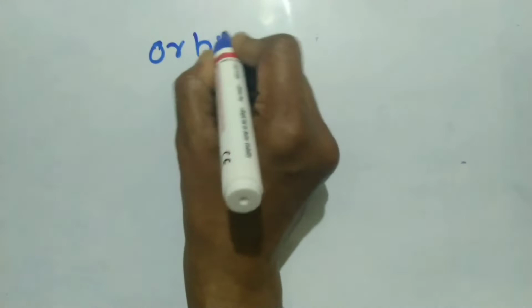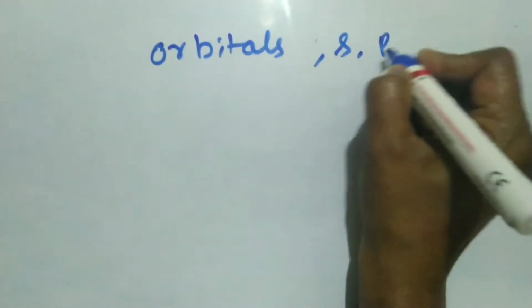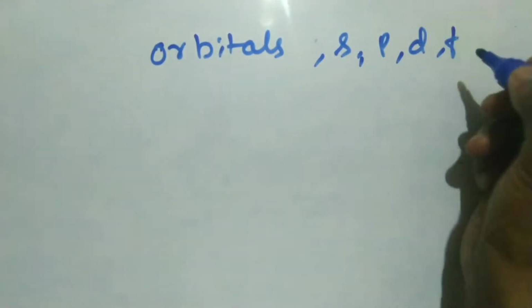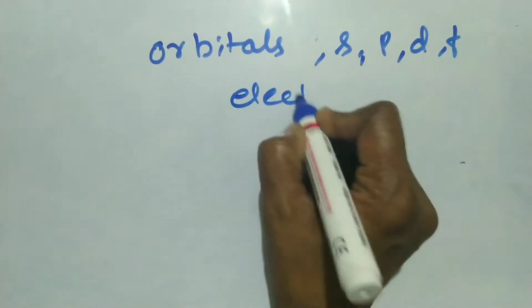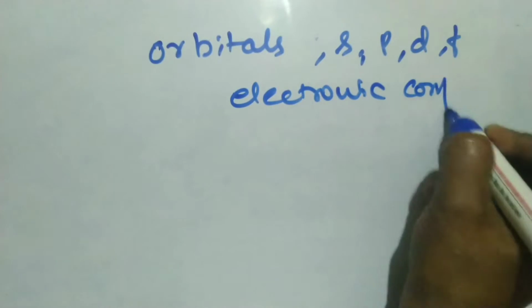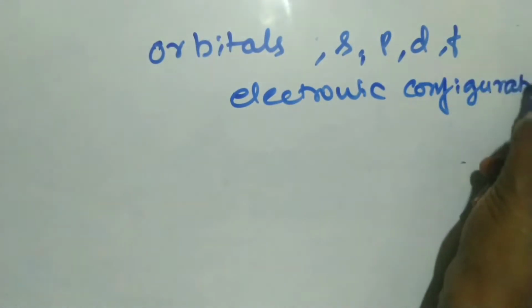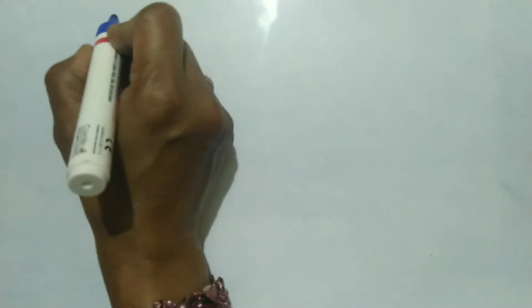And this distribution of electrons into different orbitals, that is s, p, d, f, of an atom is called its electronic configuration. Let us see the filling of electrons into shells and subshells.